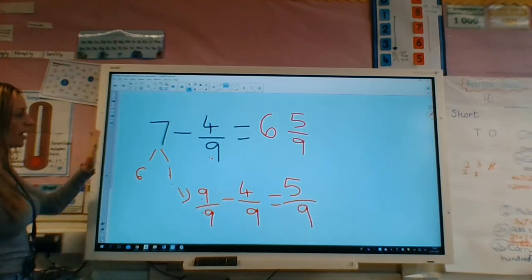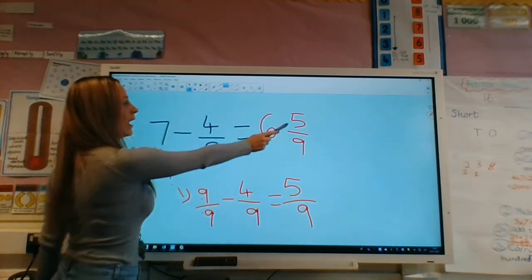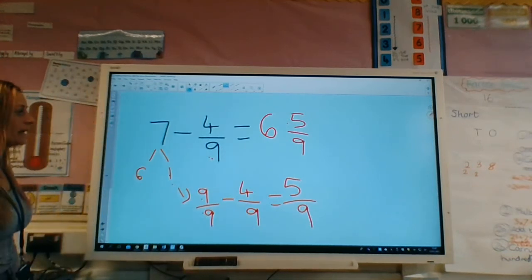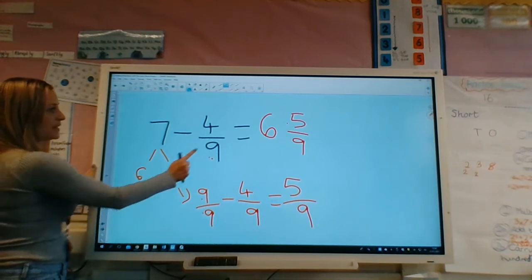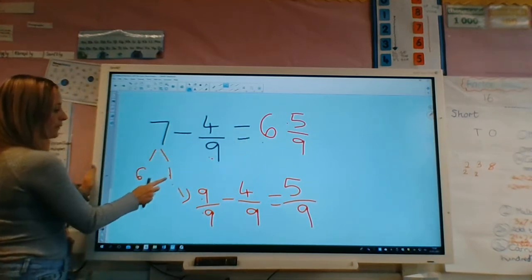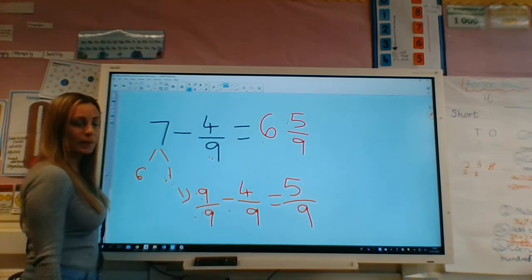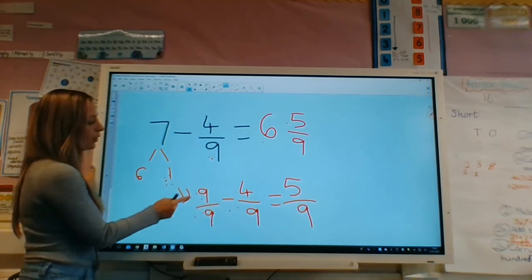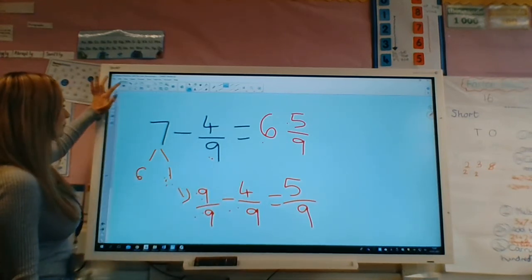So the 7 wholes take away 4 ninths then becomes 6 wholes and 5 ninths. So all we've done is split the whole number up into 6 and 1. We've kept the 6 there, and we've converted that 1 whole into 9 ninths so that we can subtract a fraction from it, because we can't subtract a fraction from a whole. We need to convert it into a fraction. And then we've got the answer.